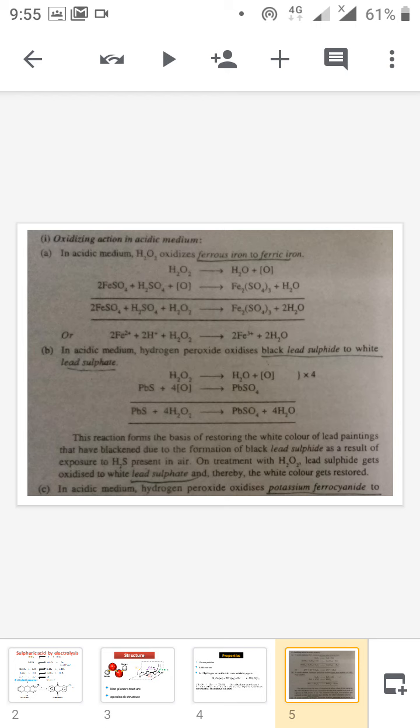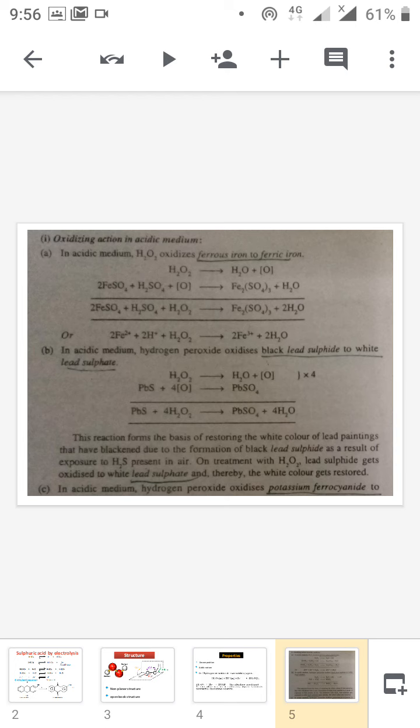The first step is common: hydrogen peroxide decomposes to give H2O and nascent oxygen. This nascent oxygen reacts with ferrous sulfate in the presence of acidic medium, and we will get ferric sulfate. So the oxidation state is converted from Fe2 plus to Fe3 plus. This is the overall reaction.